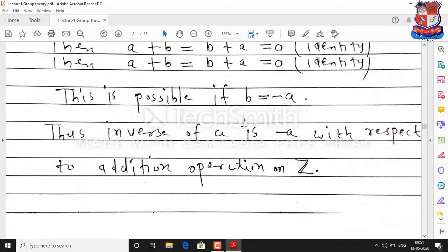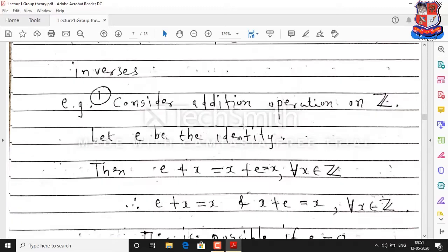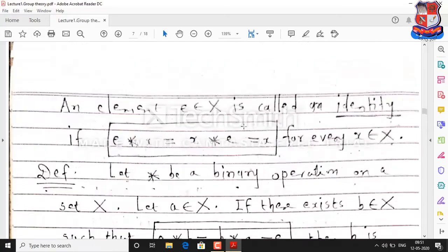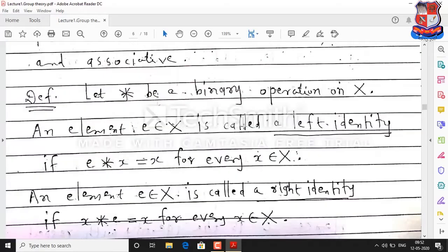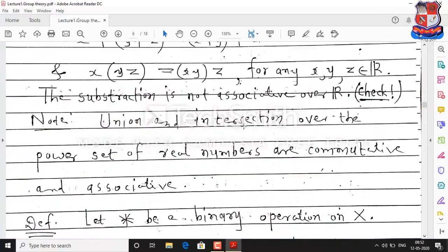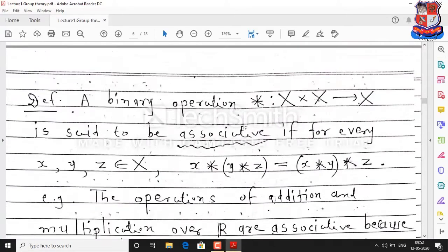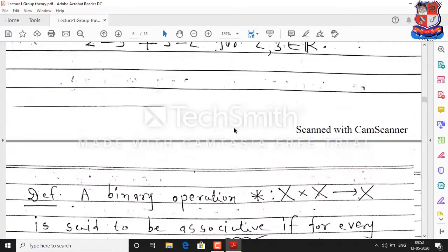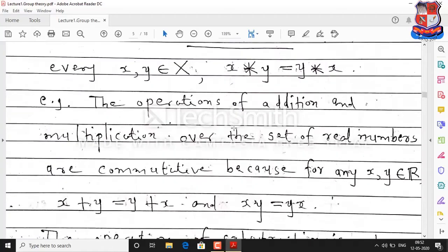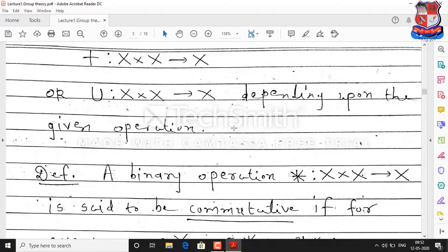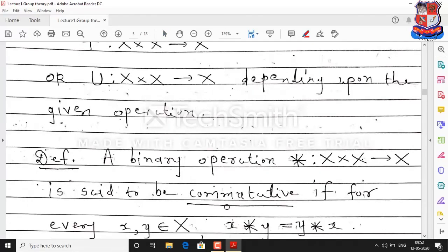So the first property is the commutative property. All of you are familiar with the commutative property of real numbers. For example, if we consider two real numbers x and y, then we know that x plus y equals y plus x. So we can say that addition is commutative, and this is the formal definition.